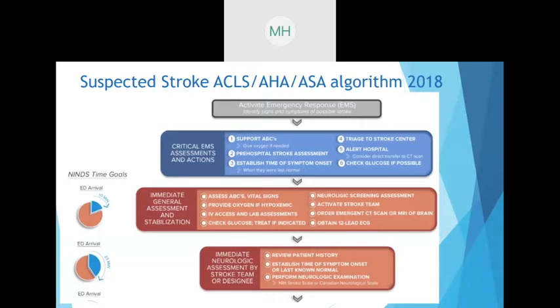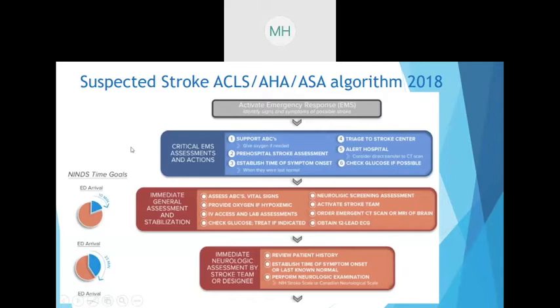Next, it is very important for the EMS to assess the ABCs, as usual, resuscitation and stabilization, give oxygen to aim for SpO2 of more than 95, pre-hospital stroke assessment like our SPSS, CPSS, establish time of onset of symptoms, when they were last normal, and triage to stroke center, alert the hospital, and consider direct transfer to where CT scan is available in the hospital, and check glucose if possible.